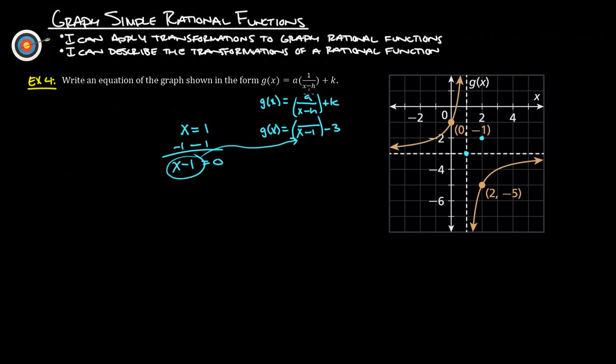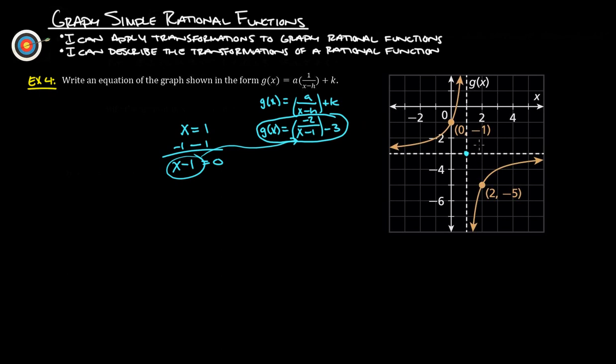Then that would mean a would be 1. But of course it doesn't do that. If we plug in 1, we go down 2 from this point. So x is 1, y is negative 2. So that means our a is negative 2. And that is our formula.